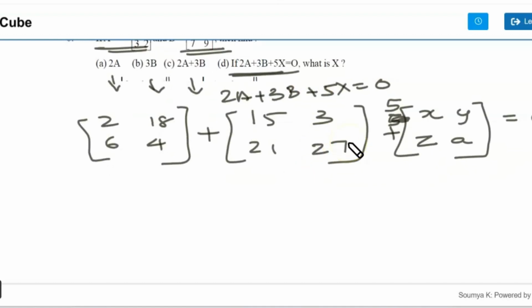When added, it gives you 5 times each element after the scalar multiplication.